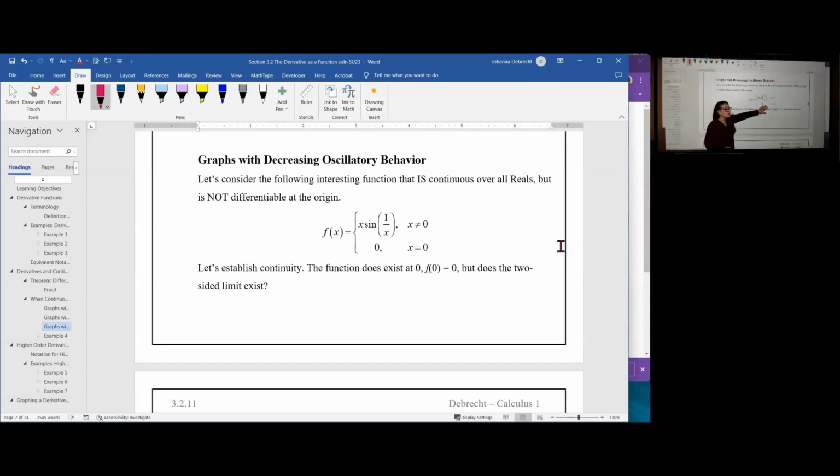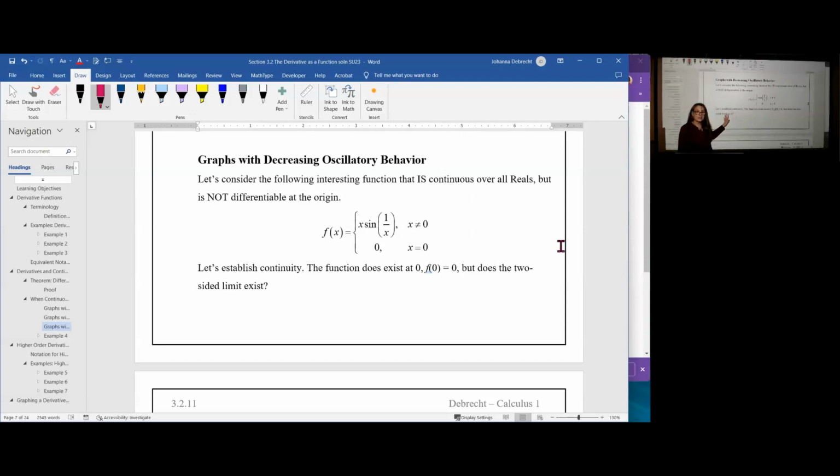However, if I define it with a piecewise defined function and I force the value at the origin to be 0, then I know that I have a function that's defined for all values of x. It does exist at 0. The function value at 0 is 0.